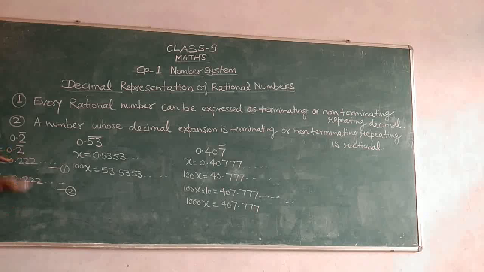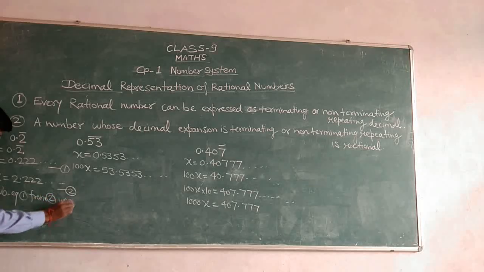When we subtract these two, subtract equation 1 from equation 2, we get 10x minus x is equal to 2 minus 0. The whole numbers are 2 and 0, so 2 minus 0 equals 2, and after the decimal the numbers are the same, so they cancel.